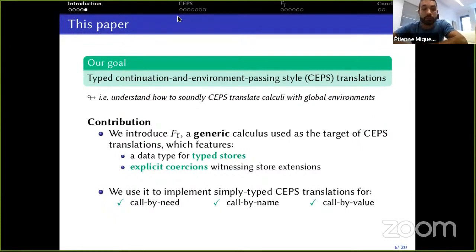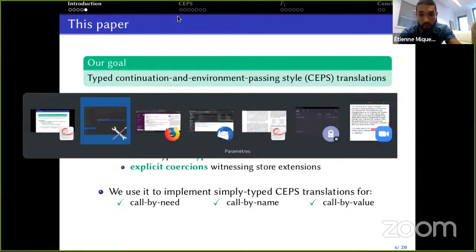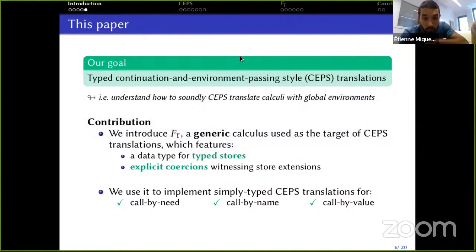And to that end, we developed a new calculus, which is the calculus with expandable stores, which we named the paper after. In this paper, we have a data type to deal with the type stores, and we have a mechanism of explicit coercions that we use to witness the store extension, and in particular the way we type the store extensions.